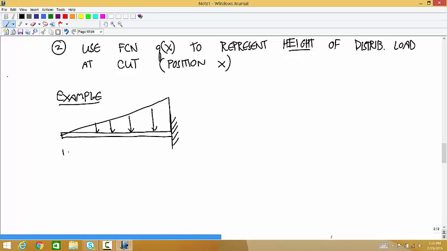Let's say the length of this beam is 2 meters. And the height of the distributed load at the right side is 4,000 newtons per meter. What are the internal loads?